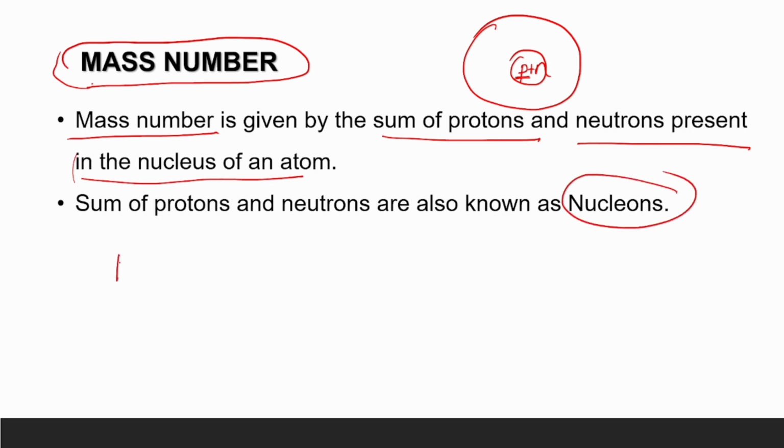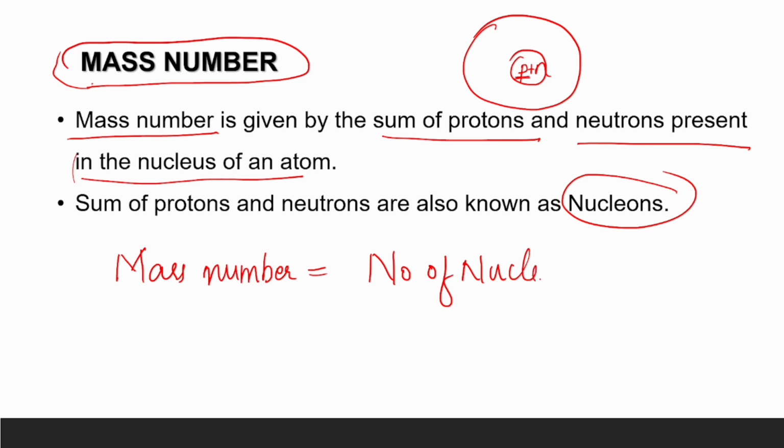So what is mass number? Note down, mass number is equal to the number of nucleons, which is equal to the number of protons plus neutrons.